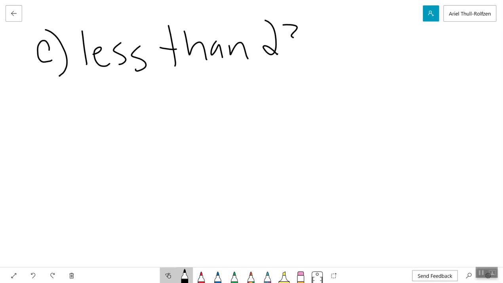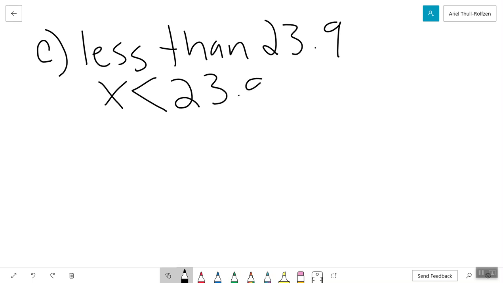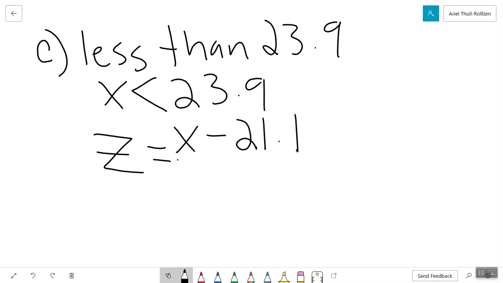Now, we're going to do part C. Less than 23.9. So we're going to say x is less than 23.9. What we do is the same thing. We're going to say z equals x minus 21.1 over 5.1.